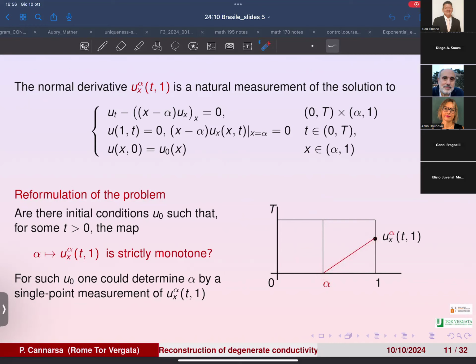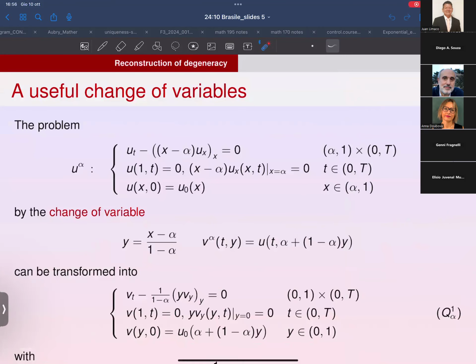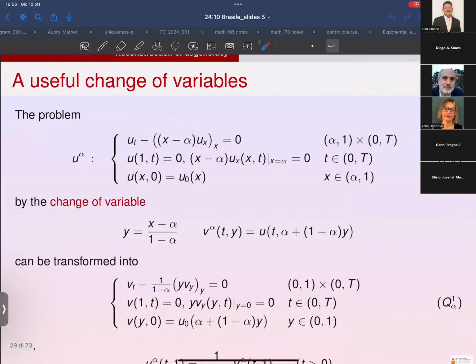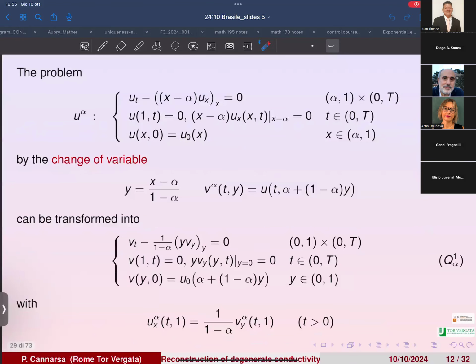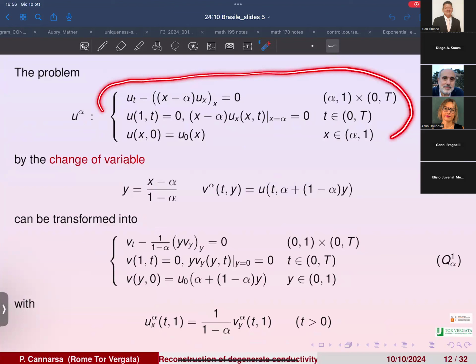That will imply uniqueness and maybe even stability of the inverse problem. Now, of course, a natural change of variable, if you start from our degenerate problem on alpha 1, a problem that I am labeling P1 alpha, because it degenerates at alpha and is not degenerate at 1.